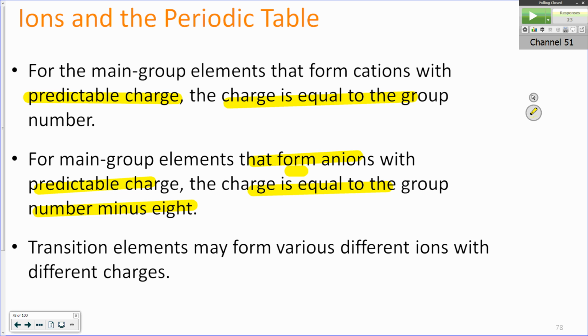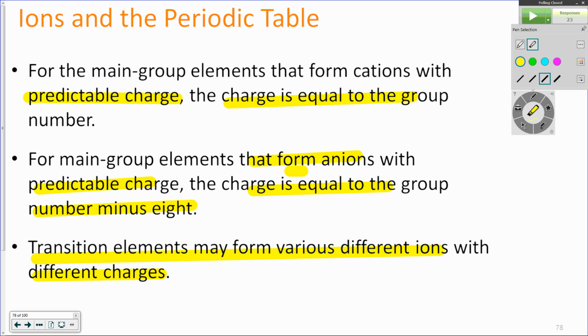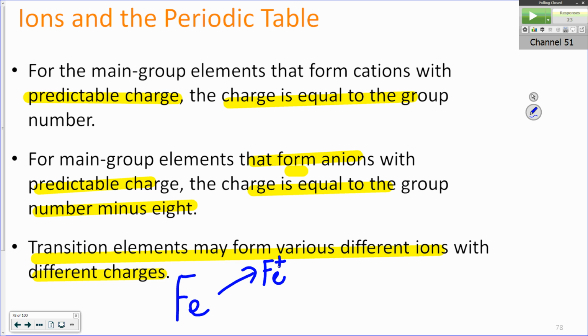The problem we have is the unpredictability associated with the transition elements because they exist in several different forms. I'll just give you one example. If we looked at the different forms of iron, Fe, iron could react to form +1, and we'll find that occasionally in nature.